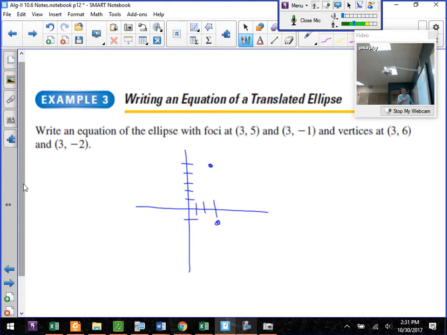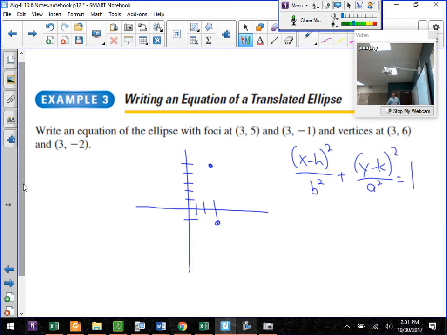So in my mind then, I know that I'm going to do an x minus h quantity squared over b squared. I know it's going to have to look like that. Because if it's opening up and down, that means according to our diagrams, the a squared is the larger of the two, and it's underneath the y. You okay with that? All right.